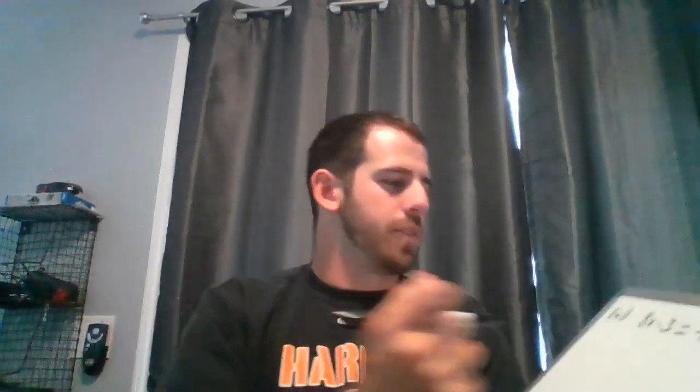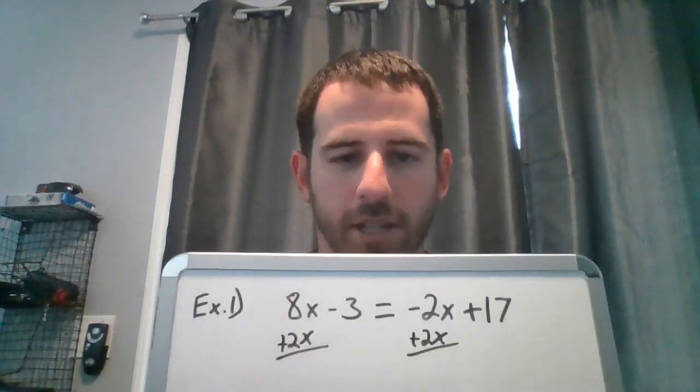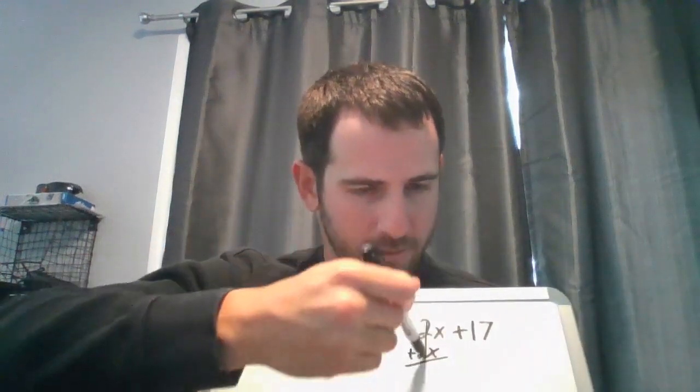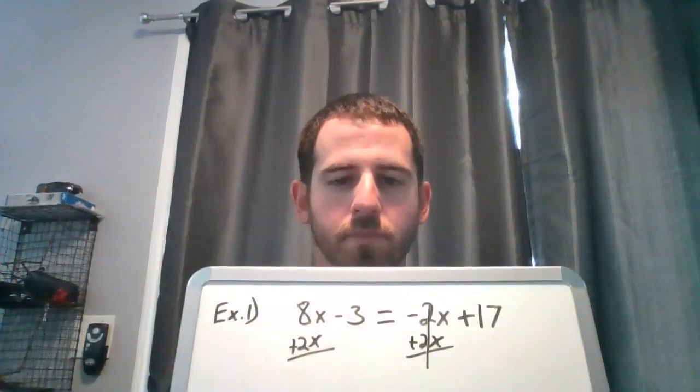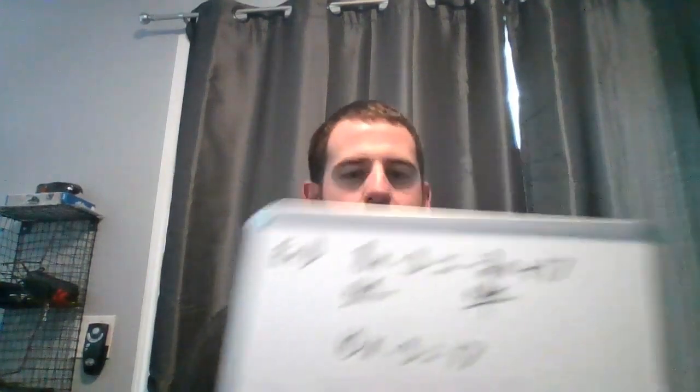We're going to add the negative 2x to both sides of the equation. So we'll get something that looks like this. Obviously they'll cancel here, and then we just do the math. 8x plus 2x gives me 10x, so I'm going to have 10x minus 3 equals 17.